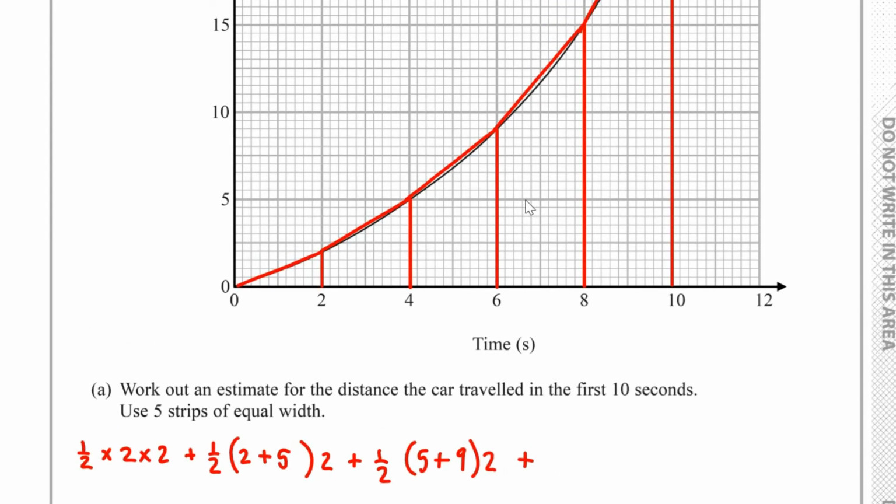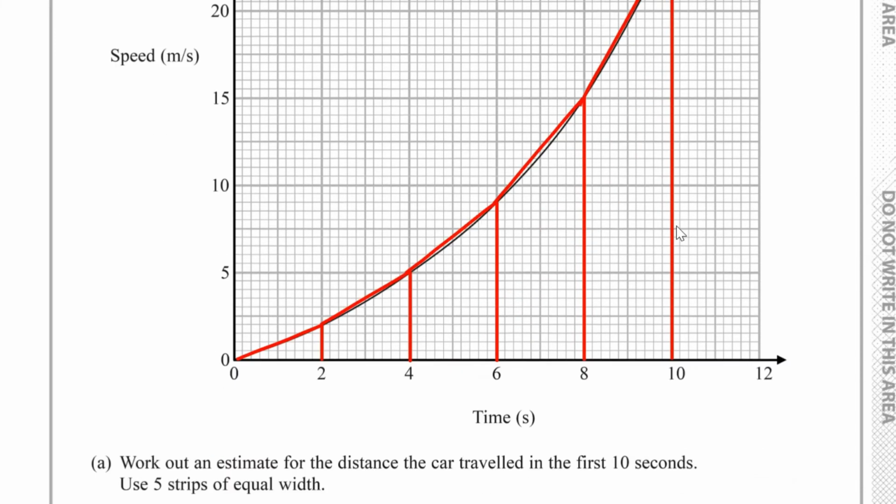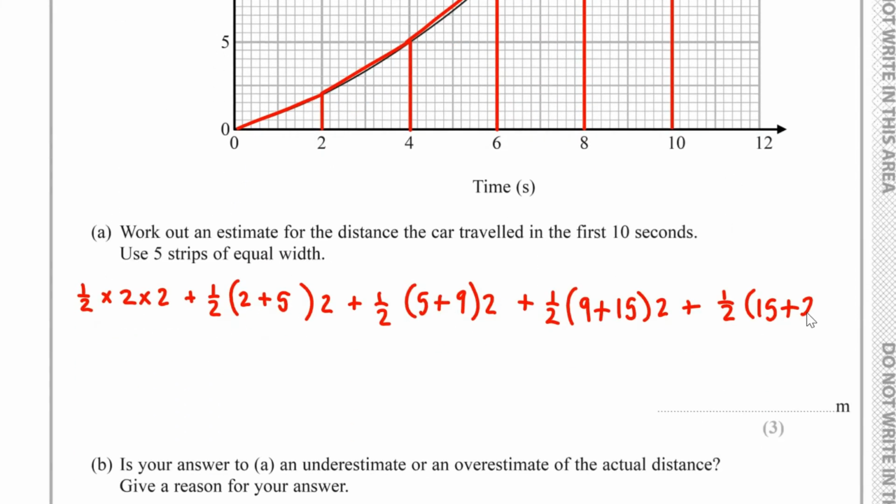Next, we've got half lots of 9, plus over here we've got 15, multiplied by 2, and then finally we've got a half lots of 15 plus, well, here we've got 24, and then we will multiply by 2.